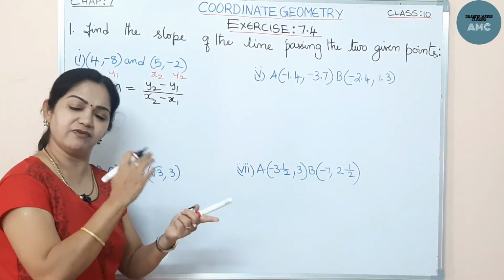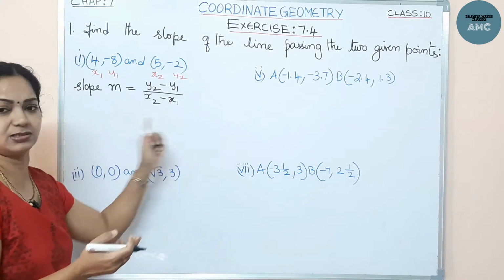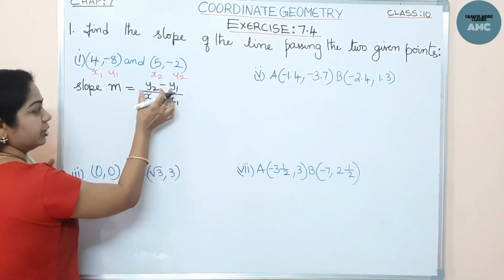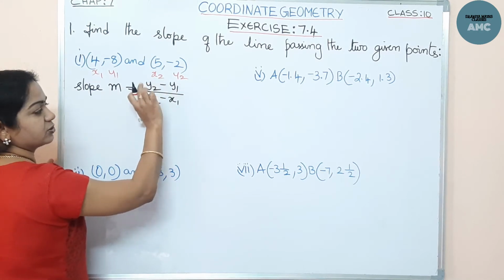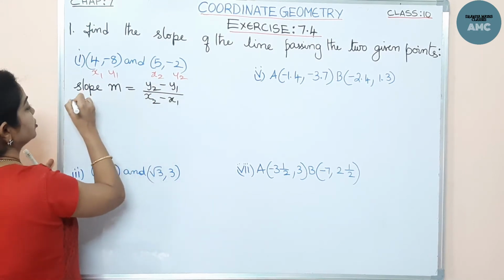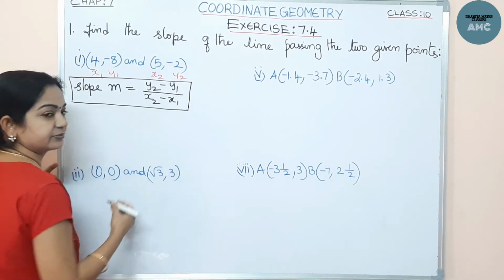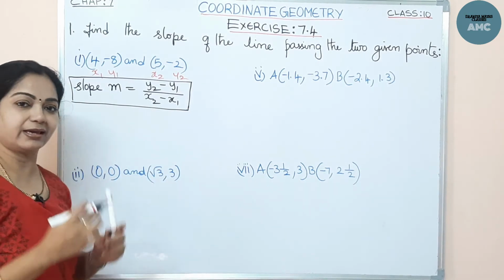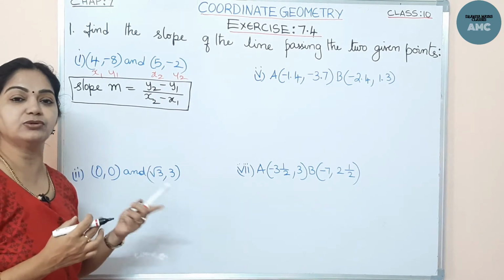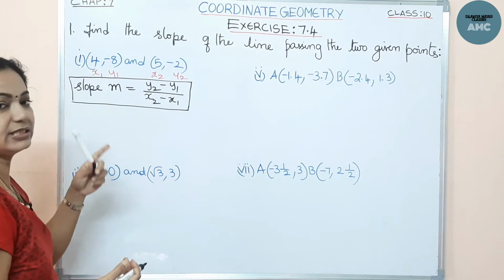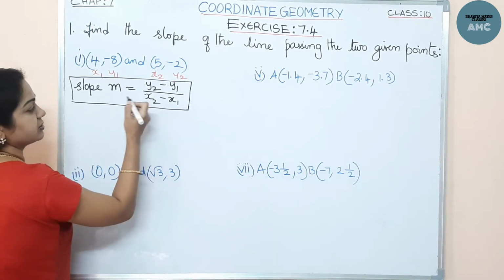You can also write y1 minus y2 by x1 minus x2, no problem, because minus and minus get cancelled. Okay, this is the slope formula. When the angle is given, you have to substitute tan theta; tan of that angle is the slope. When the coordinates are given, you have to use this formula.